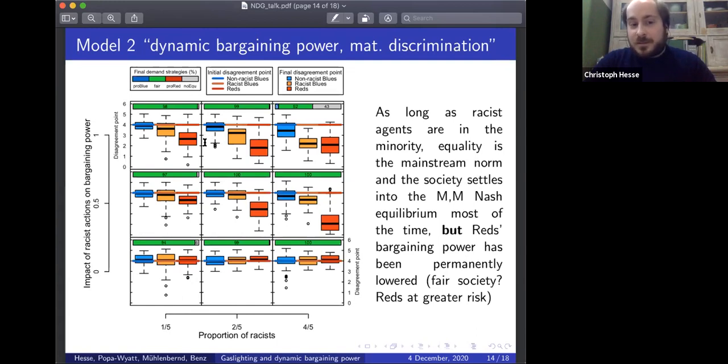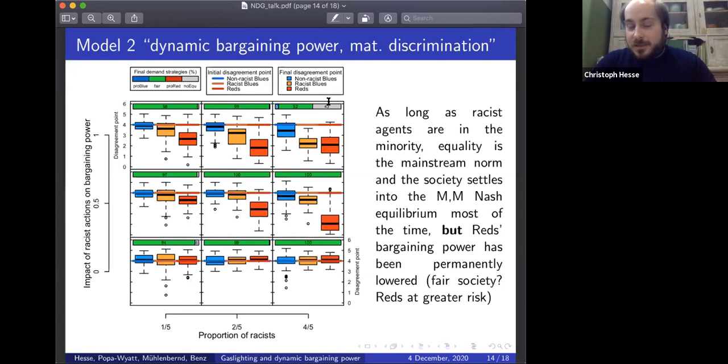And what we see is quite interesting, because in the top right corner, obviously, if we have a lot of racists and they can take a lot of bargaining power, it's not surprising that the Nash equilibrium is only the final state of the simulation 52% of the time. 43% of the time, it's not in equilibrium anymore.